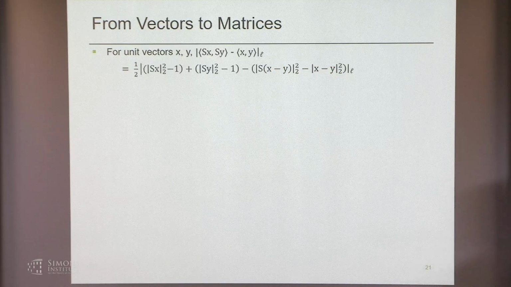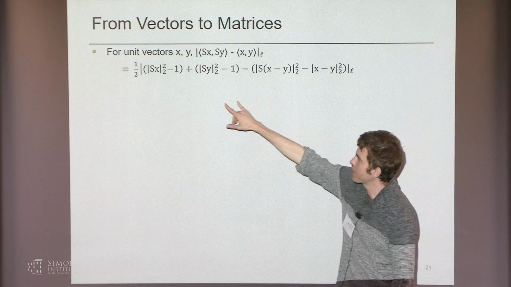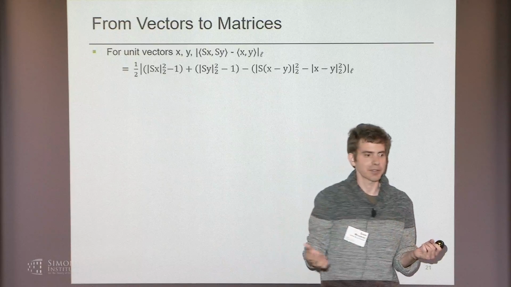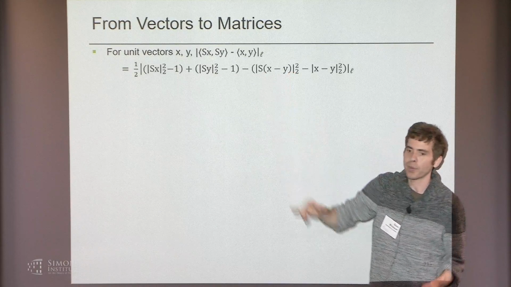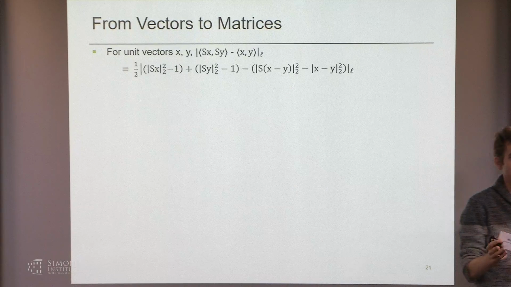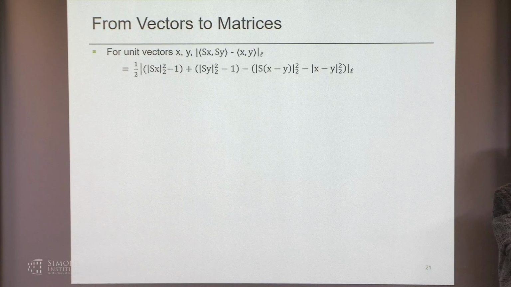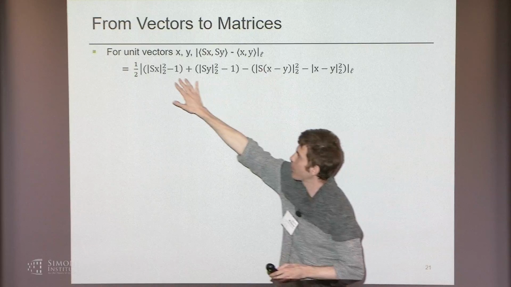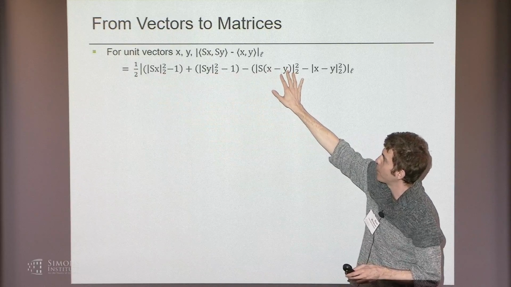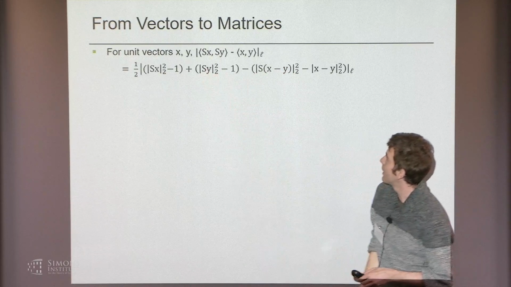What's going on here? All I'm doing is taking one of these expressions and expanding it. The squared norm of S times x minus y is the squared norm of Sx plus the squared norm of Sy minus twice the inner product of Sx and Sy. The squared norm of Sx will cancel this squared norm of Sx, and the squared norm of Sy will cancel this squared norm of Sy.